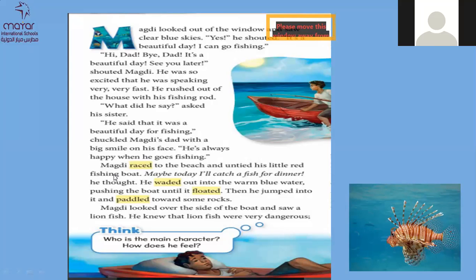Majdi raced to the beach and untied his little red fishing boat. Maybe today I'll catch a fish for dinner, he thought. He waded out into the warm blue water, pushing the boat until it floated. Then he jumped into it and paddled towards some rocks. Majdi looked over the side of the boat and saw a lionfish. He knew that lionfish were very dangerous.